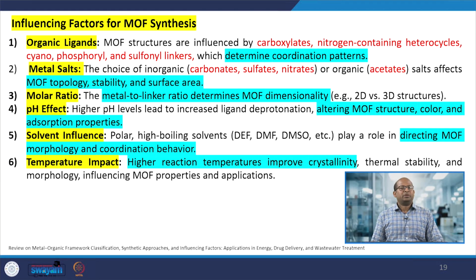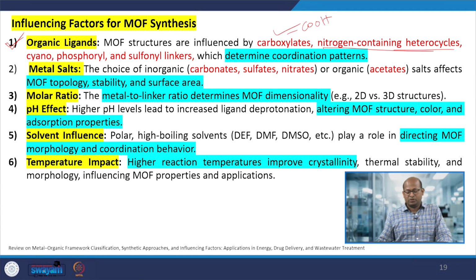When we are preparing MOF, we have to use organic ligands, where carboxylate acid groups are present, or maybe nitrogen-containing heterocyclic molecules, or phosphoryl and sulfonyl linkers. Depending upon the linkers, they determine the coordination patterns that will form during MOF synthesis.